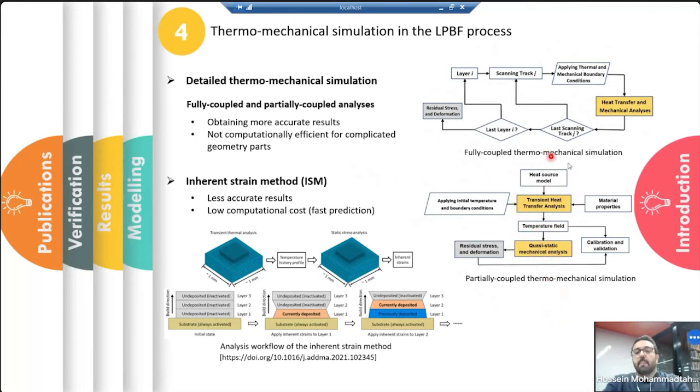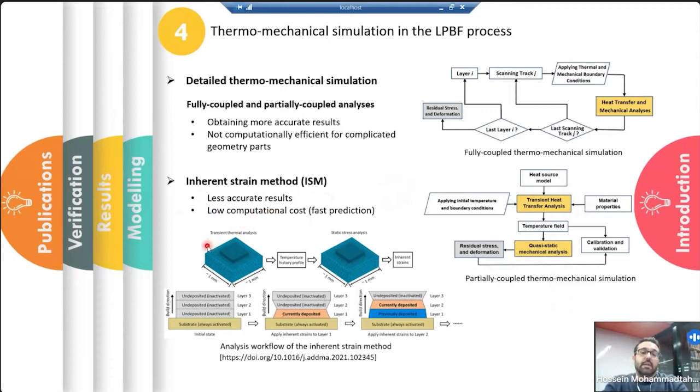After that, we can predict residual stress and deformation. So the transient heat transfer analysis and quasi-static mechanical analysis are independent, and are done separately in two different steps.